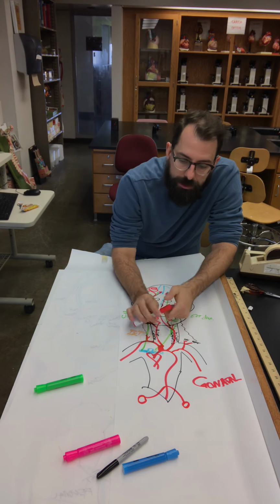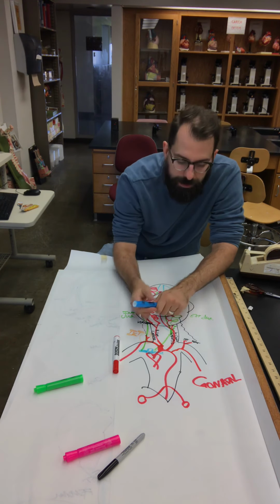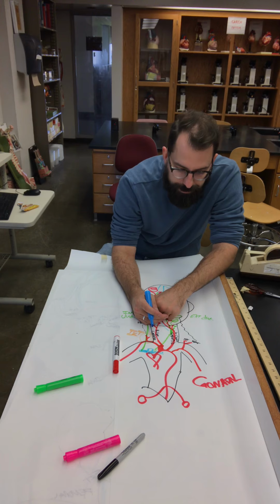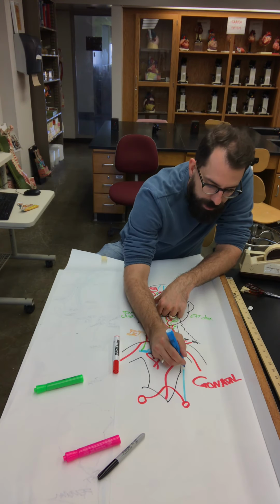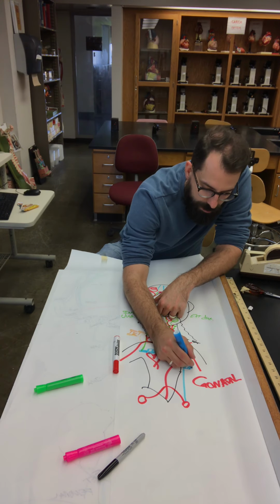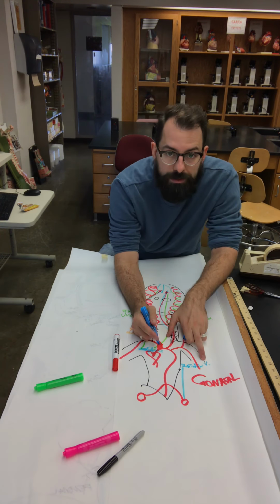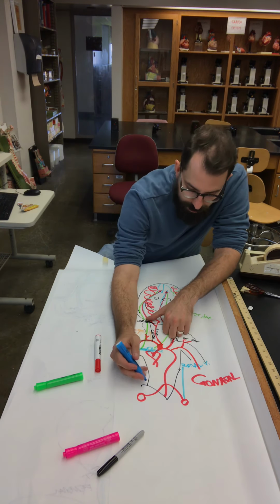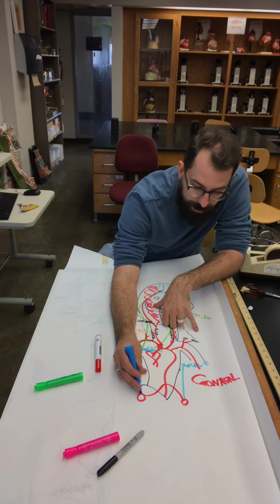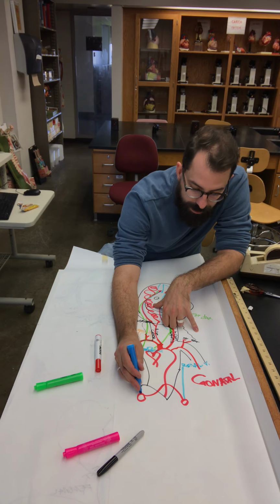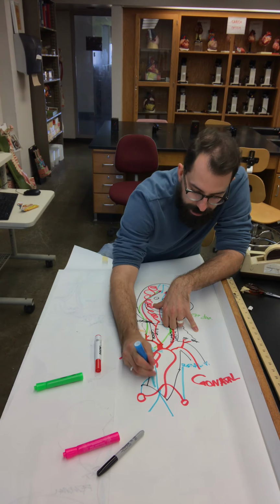The veins that drain those organs are different from each side. The left gonadal vein goes to the left renal vein. The right testicle, the right ovary, the right testicular vein or the right ovarian vein drains into the inferior vena cava.